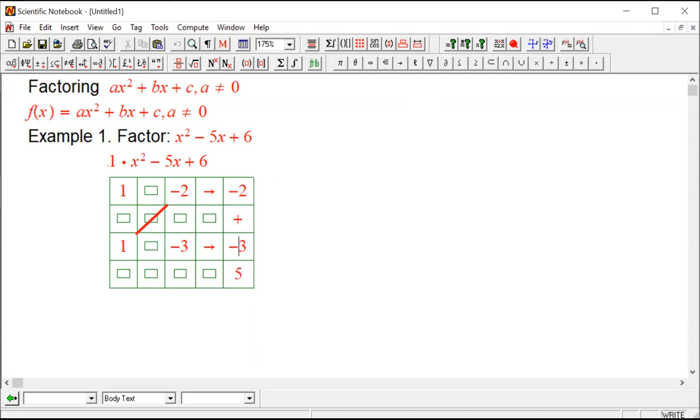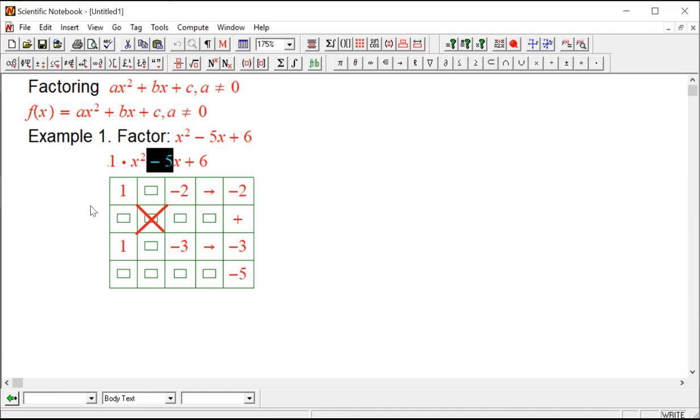We still do the cross product. We basically use this like a board game, playing until we make that perfect match. Now you see -2 plus -3 equals -5. -5 matches the -5 in front of x perfectly.